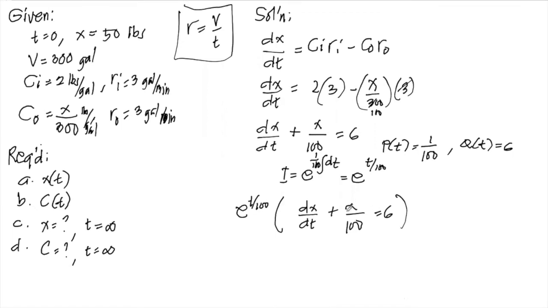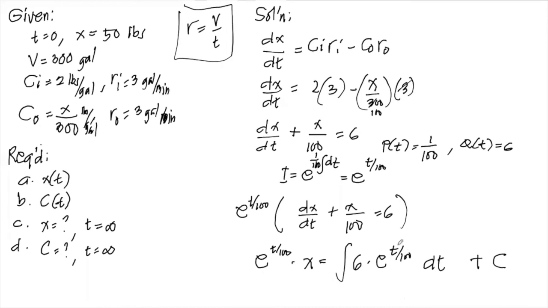So multiplying the standard form by an integrating factor makes the equation exact. Therefore, the left member is always the product of the integrating factor, e raised to t over 100, times the dependent variable na ginagamit dito, or yung present dun sa equation, equals the integral of q as a function of t, so 6 times the integrating factor, e raised to t over 100, times dt, and plus c. So the same lang din kanina, di ba?